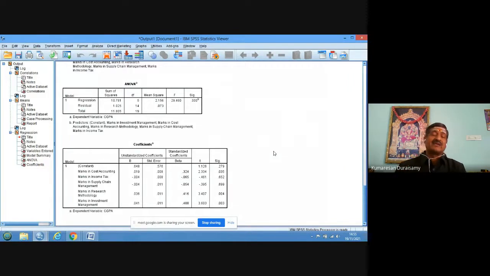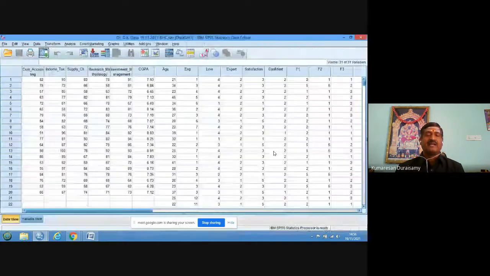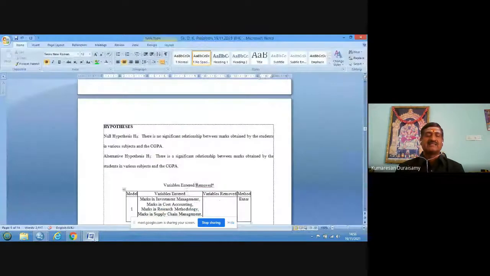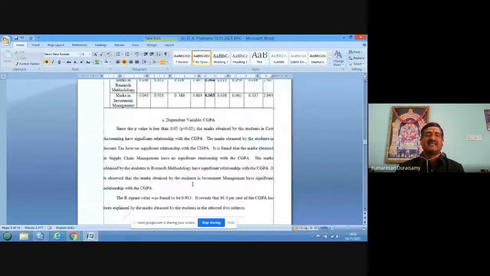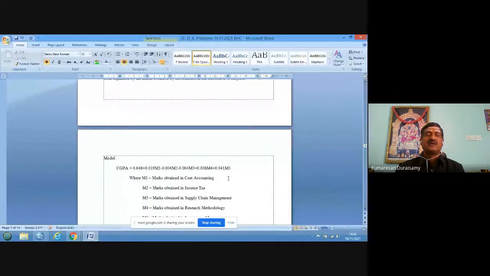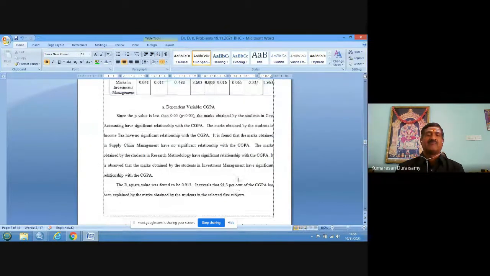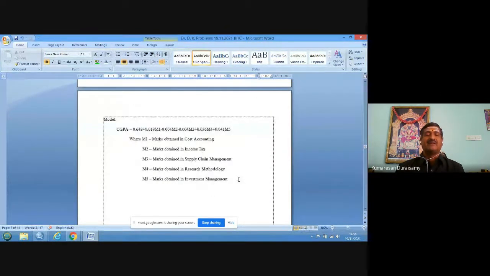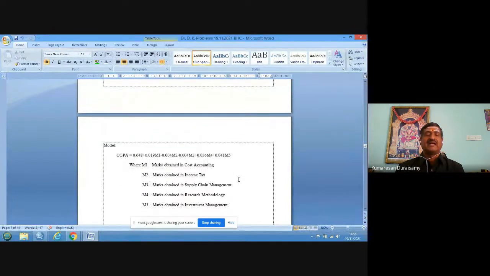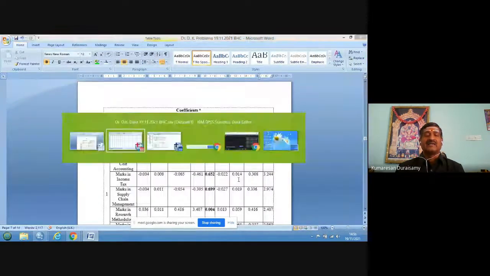So the regression equation will be y equal to a plus b1x1 plus b2x2 plus b3x3 plus b4x4 plus b5x5. That is the regression equation.